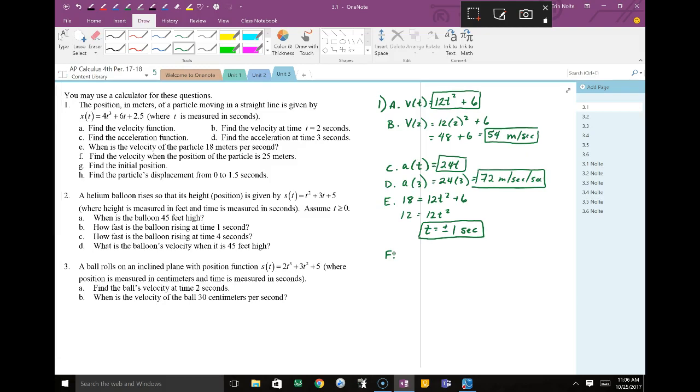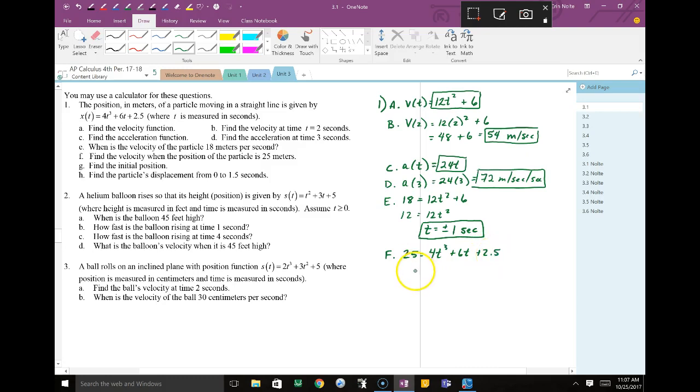We find t, the time when the particle is at 25. Once we have our time, we can then find our velocity. This is a two-part question. We first have to figure out when it's at 25 meters. Once we know when, we can then find its velocity. So 25 is equal to our position function. It's possible that there's more than one time.